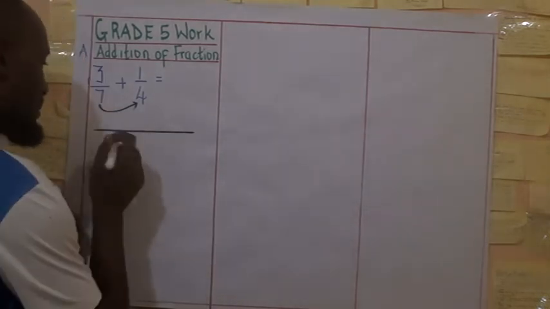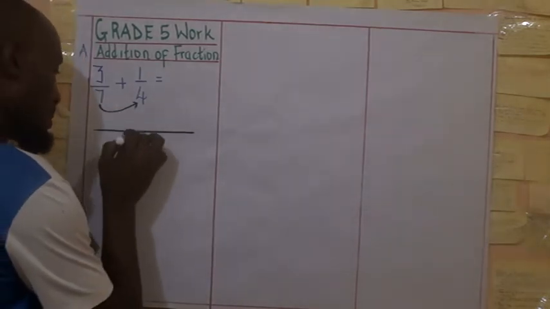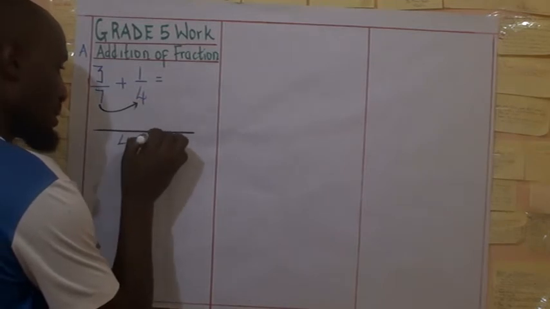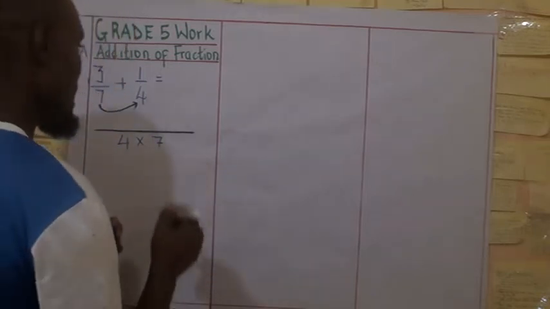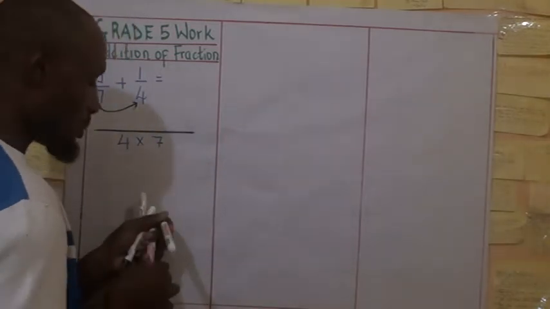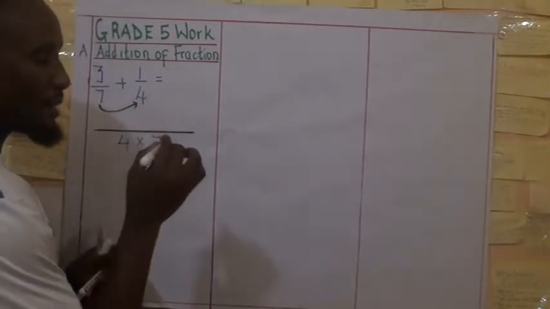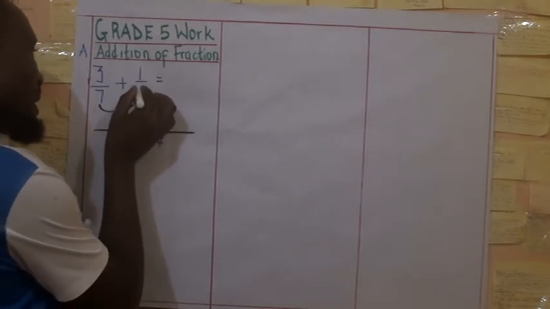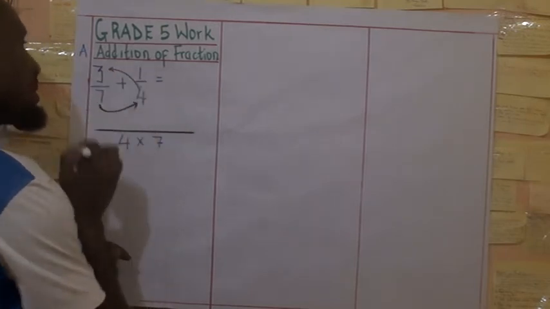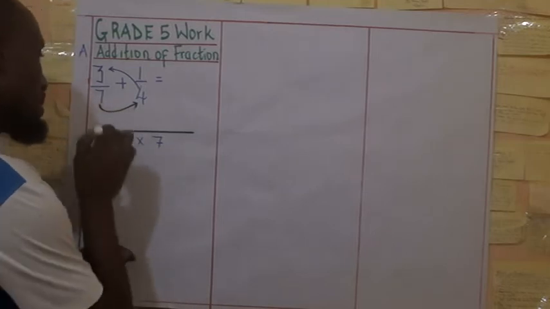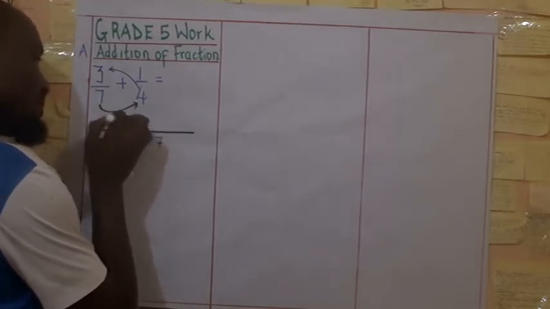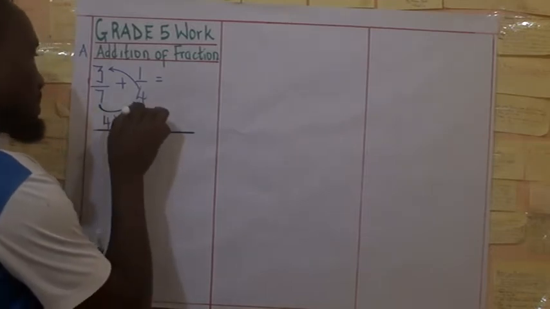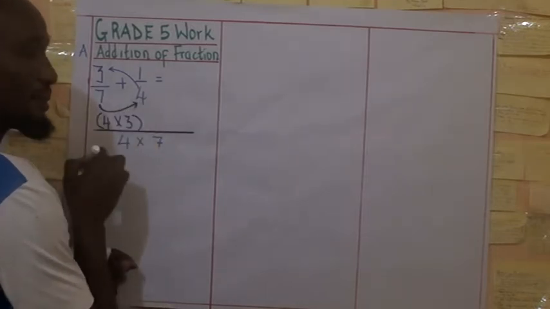That is 7 times 4. Then the next one is you multiply the second denominator by the first numerator. So that is 4 times 3. Put brackets there.